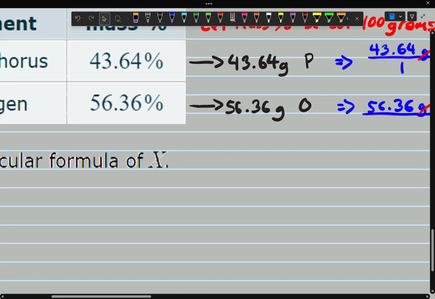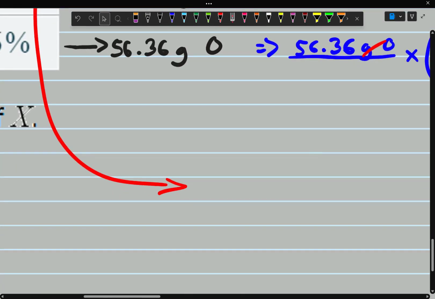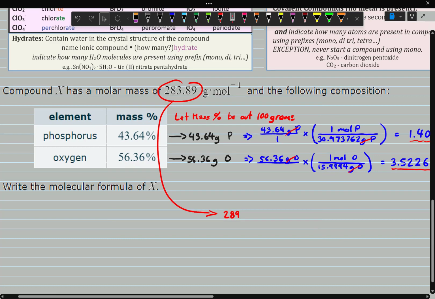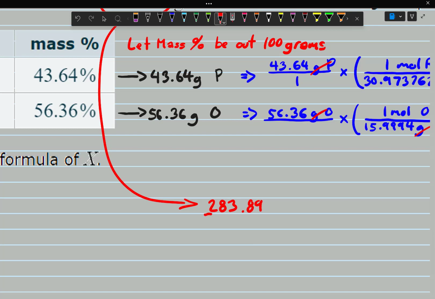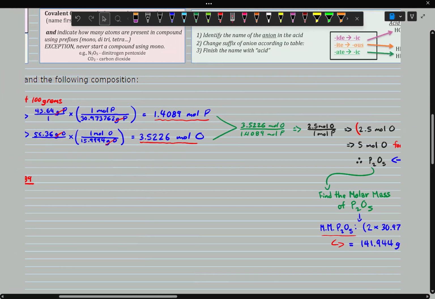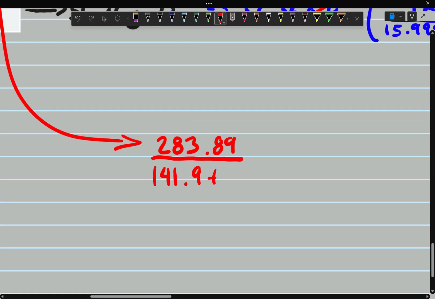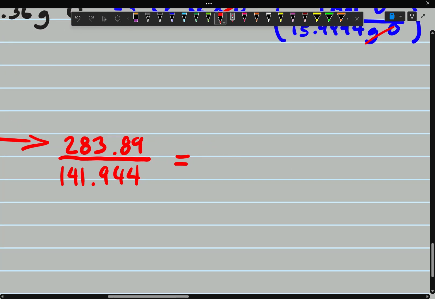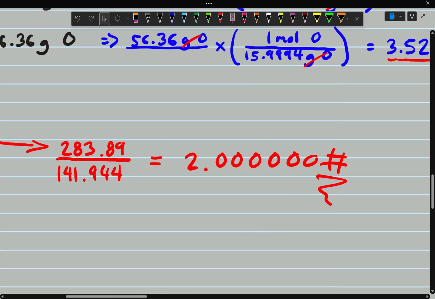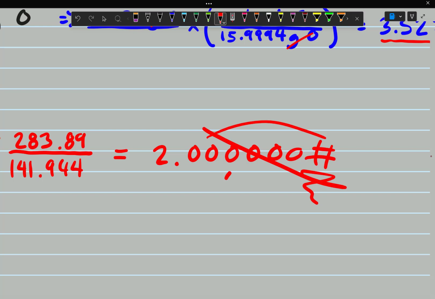So if we take this 283.89, and we divide it by the molar mass of our empirical formula, which was 141.944, what we are going to find if we plug this into the calculator is this comes out to 2.000000 and then some number over here. We don't care about this because it's such a small decimal place that we can just call this 2.